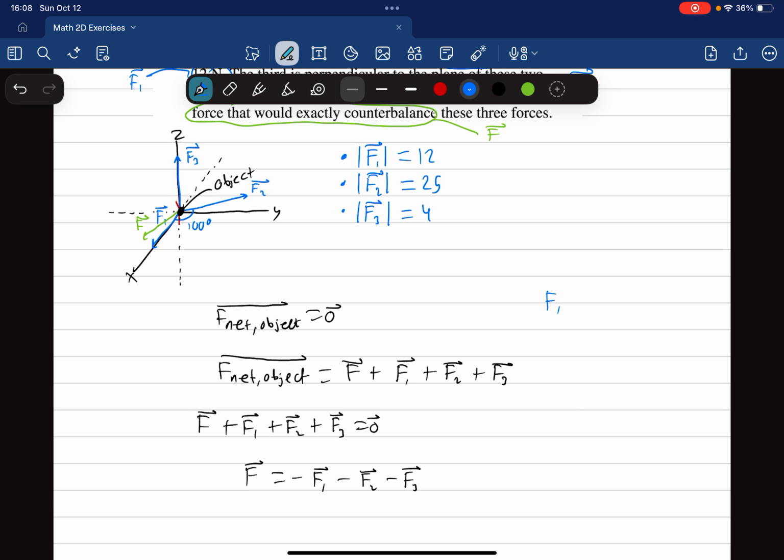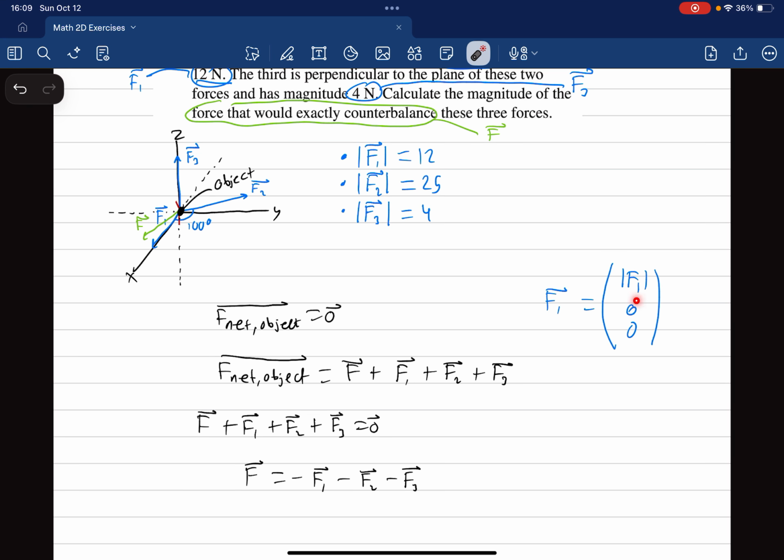F1, where I'm going to use a column vector to denote a vector and the components of the vector. This is just going to be the magnitude of our force 1. And then there's a 0 for the other two components because force 1 just lies on the x-axis. But what is the magnitude of force 1?